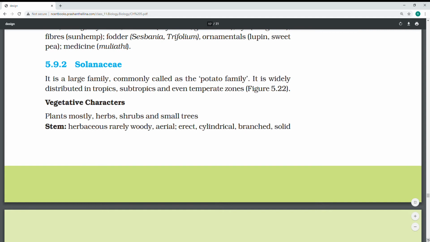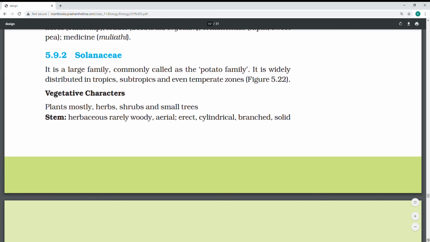Solanaceae is a large family, with tomato, brinjal, potato. This is called the potato family. These come under these examples. Generally, it is widely distributed in the tropics, subtropics and so on.